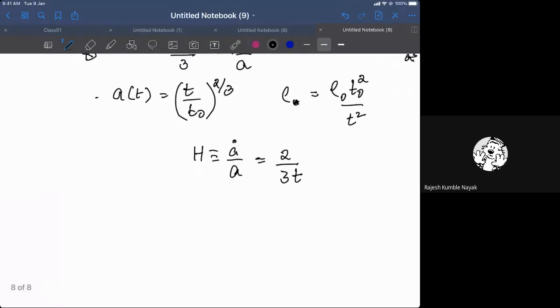If you start with a equal to 0, and currently t is equal to t naught, then H naught is basically equal to 2 by 3 t naught. That means from this we can calculate the age of the universe. t naught is equal to 2 by 3 H naught. Once you can calculate the Hubble constant, you can also get the age of the universe.